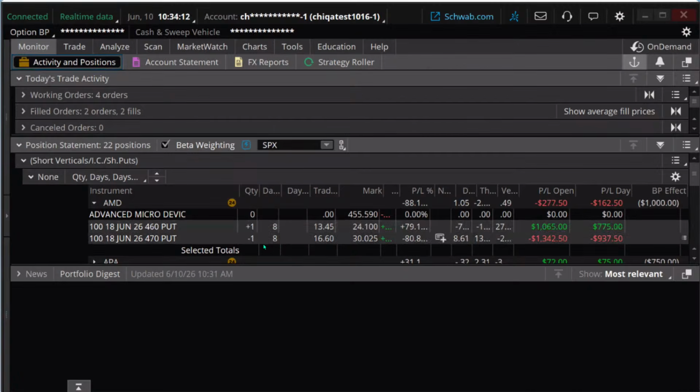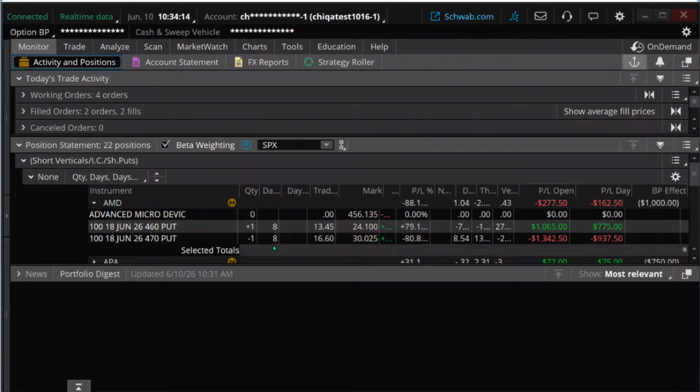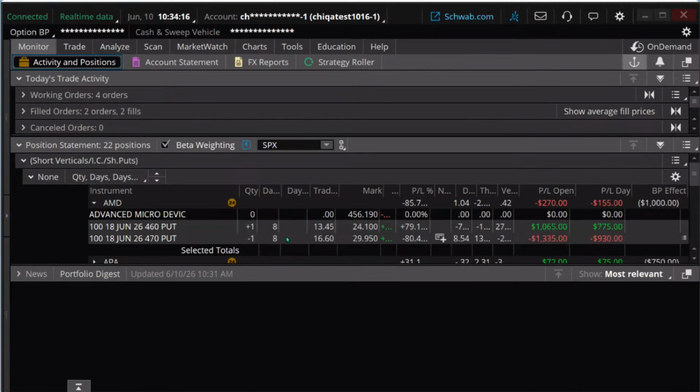Now, would you ever not get out of a trade? If you can't lose any more than you've already lost, then maybe you stick with it and see if things turn out for you. But in this case, there's still quite a bit of value in this trade.